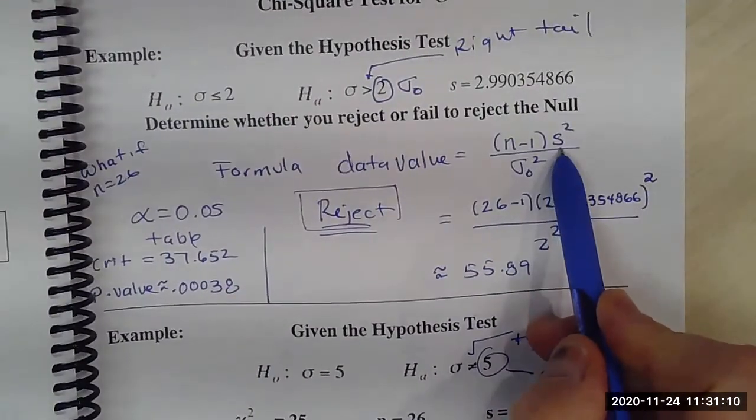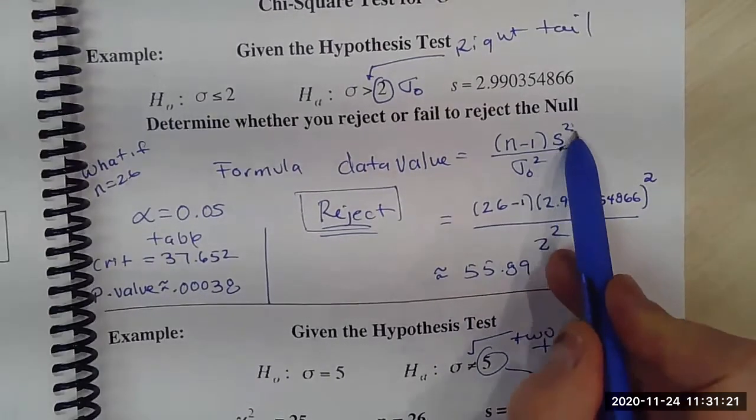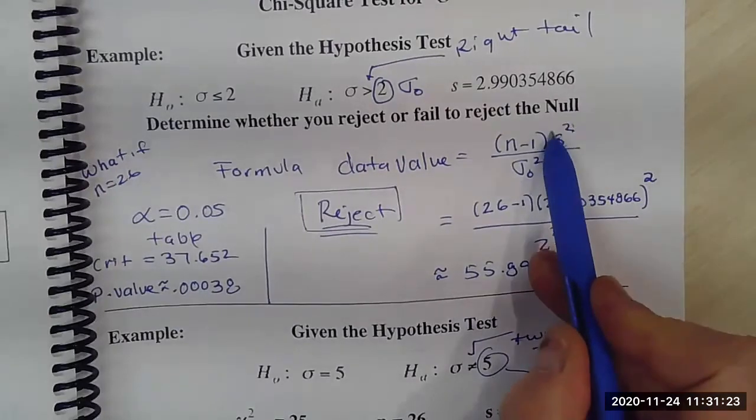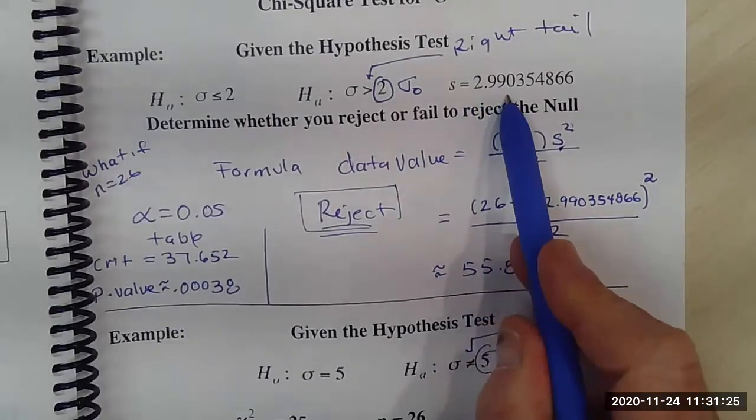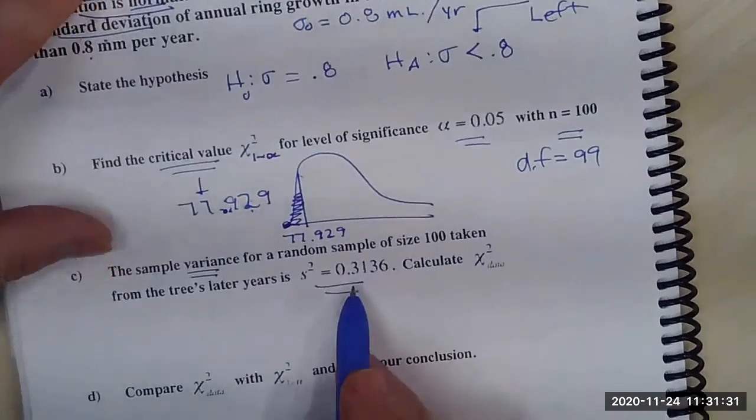See what I'm pointing at in the formula? That's standard deviation squared. That's variance. This is variance. That is a standard deviation, so you'd have to square that number, but I'm giving you in this problem the variance.